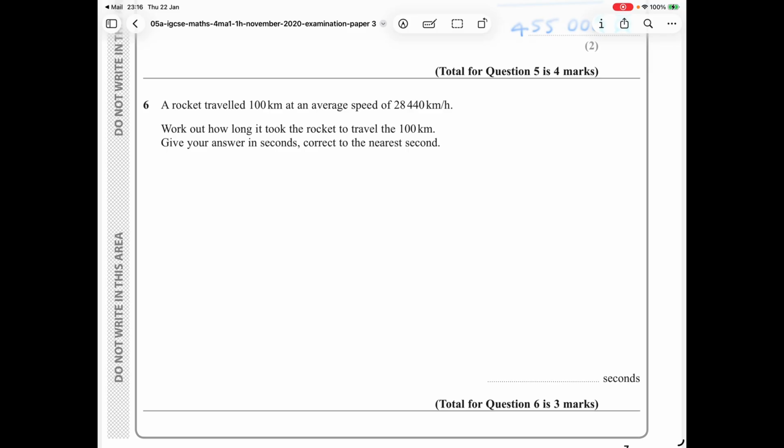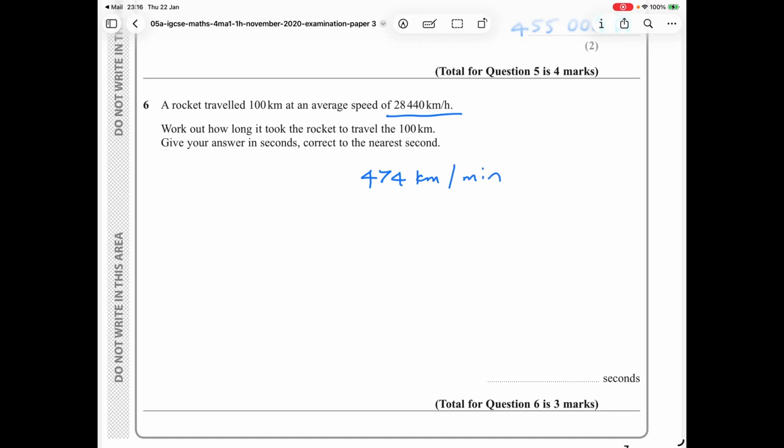So that means that the rocket went that far in an hour. So how far did it go in a minute? Let's divide 28,440 by 60, and that says the rocket went 474 kilometres in a minute.